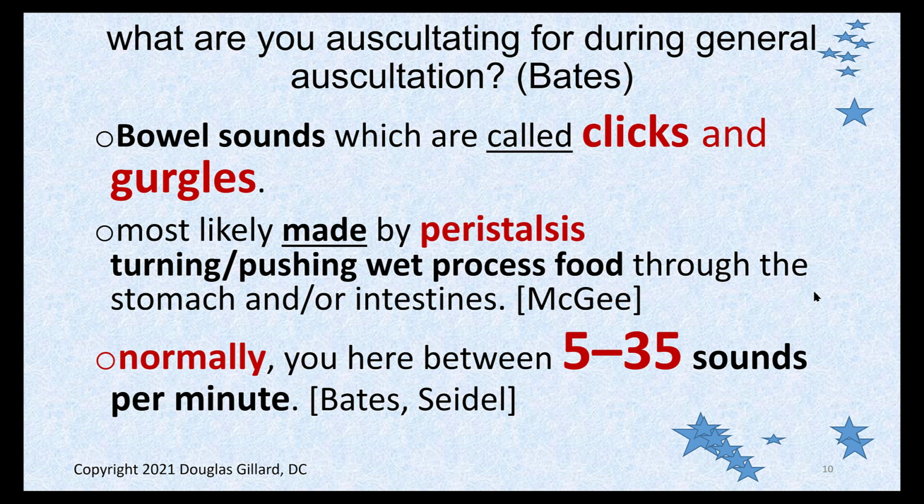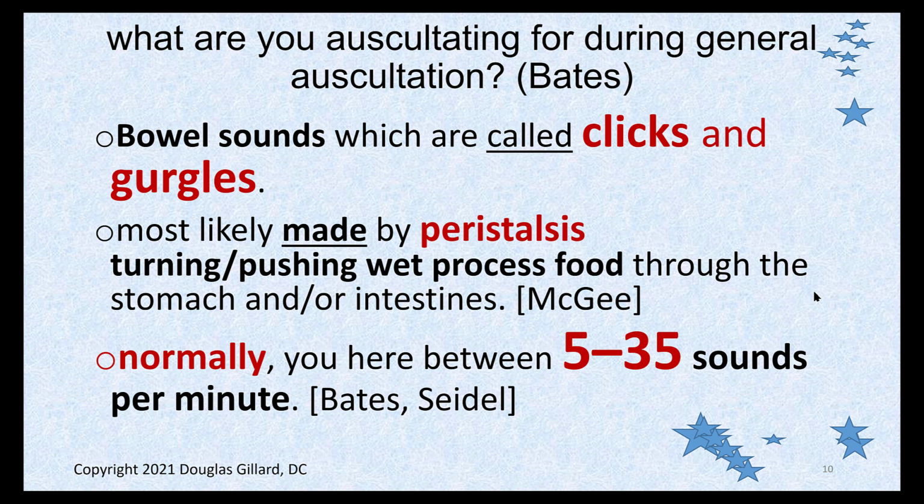Clicks and gurgles, C and G. What causes them? It's not 100% understood, but it's thought to be the wet pre-fecal material being pushed through the intestine via peristalsis, or being pushed or ground up in the stomach. So it's peristalsis or stomach processing that causes these.